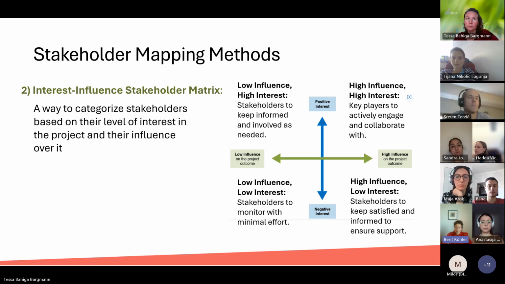And accordingly, in the quadrant with low influence and high interest in the upper left corner, that might be stakeholders to keep informed and involved as needed. And last but not least, the one quadrant with low influence, low interest stakeholders that we want to monitor and only put in minimal effort.